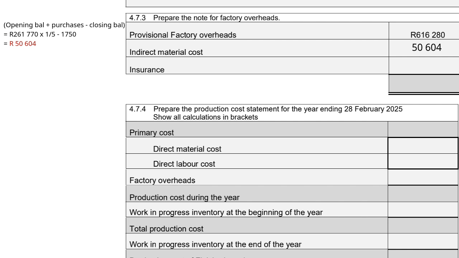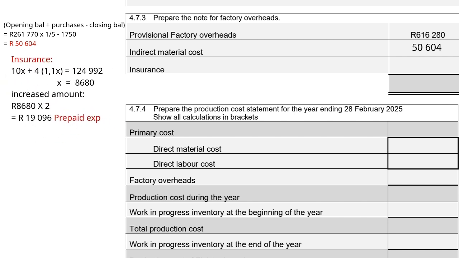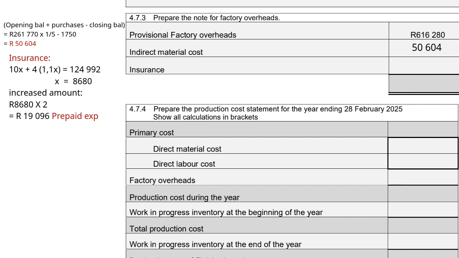So firstly, we have to derive an equation to calculate our insurance amount per month. So 10 months before the increase plus 4 months with an increase of 10% will give you 124,992. If you then calculate X, you get 8,680 Rand.